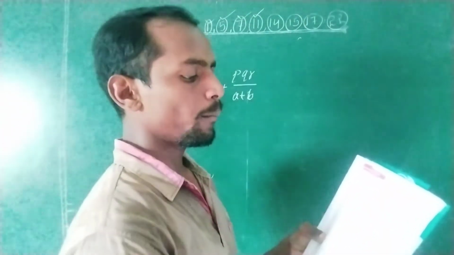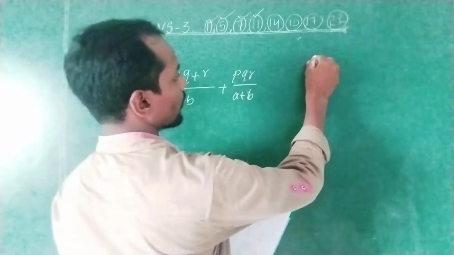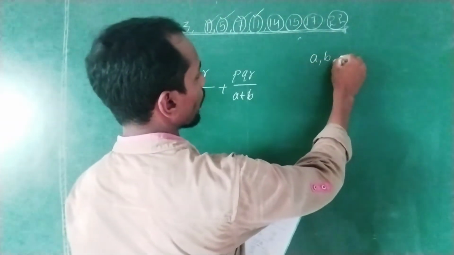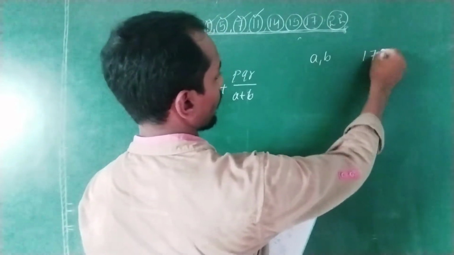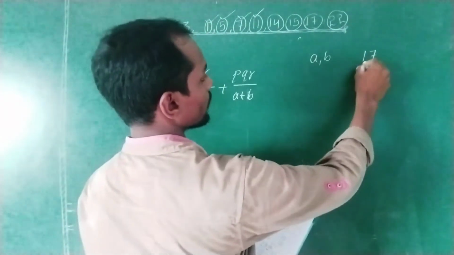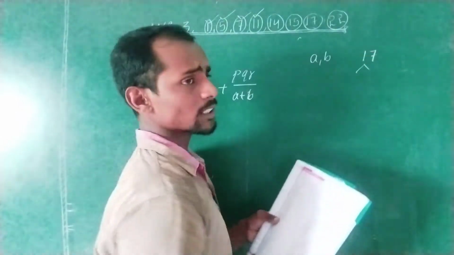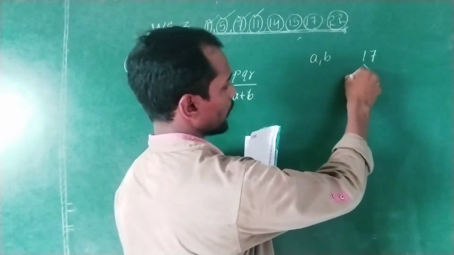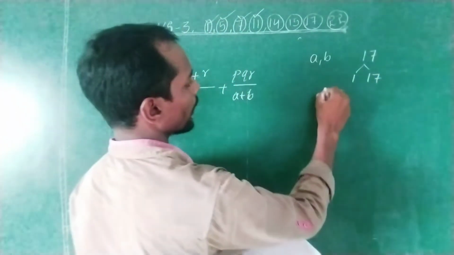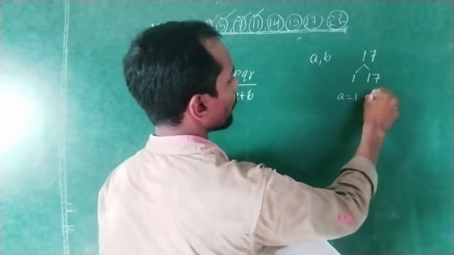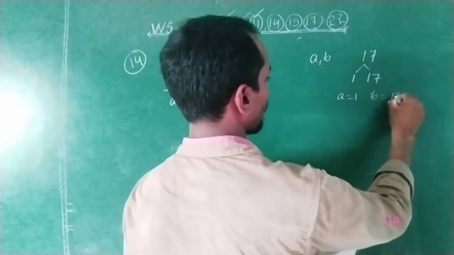Clues are A and B are factors of 7. So A comma B are factors of 7. 7 is a prime number. It has only two factors, 1 and itself. So A equal to 1, B equal to 7.